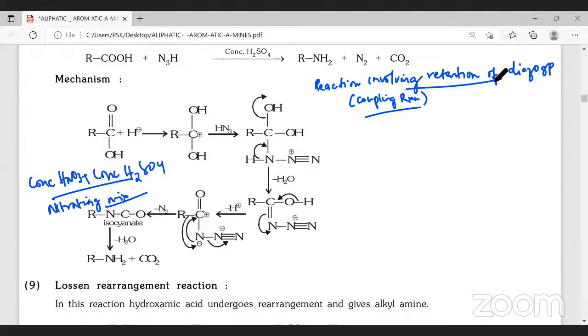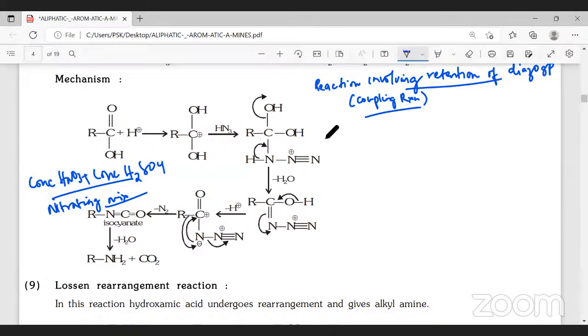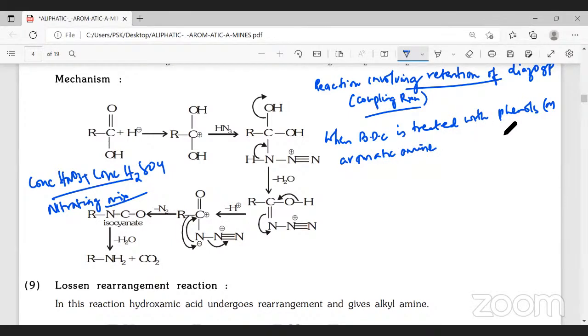When benzene diazonium chloride is treated with phenols or aromatic amines, corresponding azo dyes are formed. Azo stands for nitrogen, and these are coloring compounds.